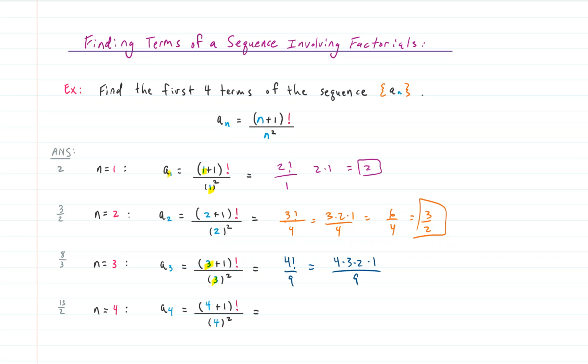We can simplify a little bit here. This 9 is really 3 times 3, and one of the 3's can cancel with one of the 3's in the 9. So that leaves us with 8 over 3.